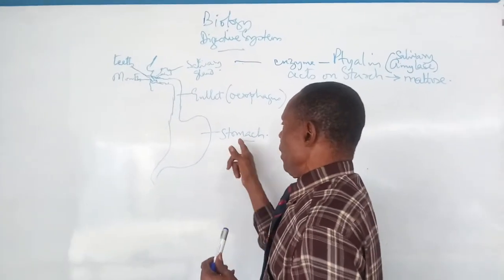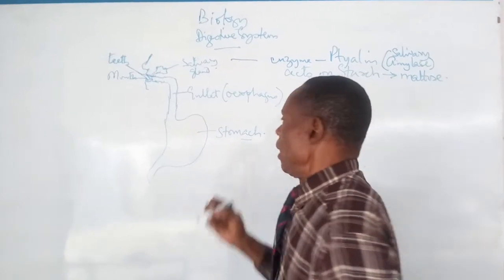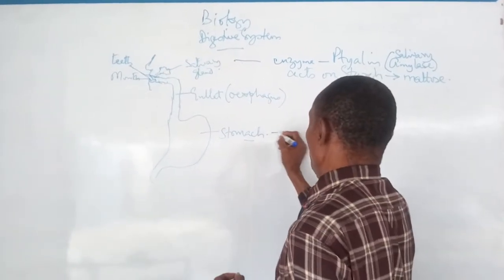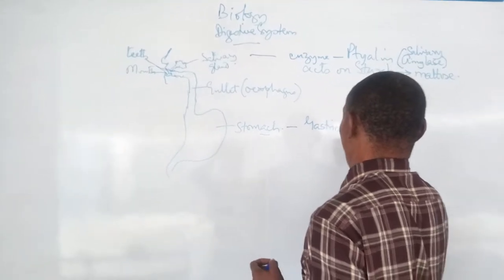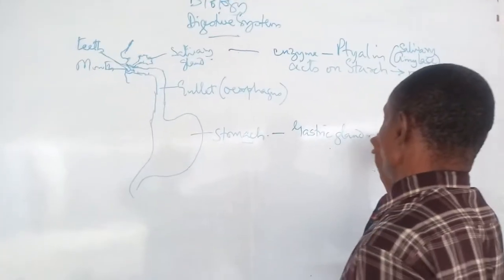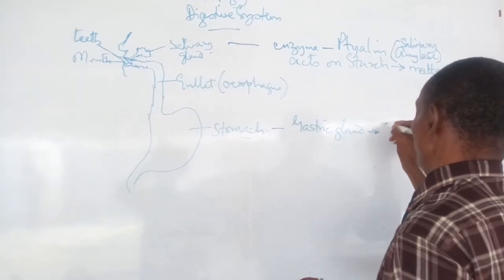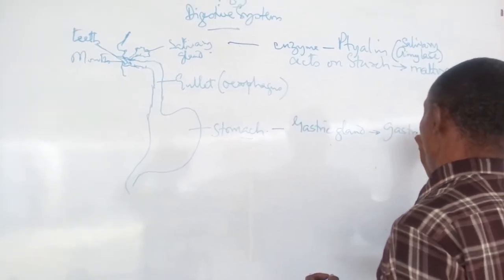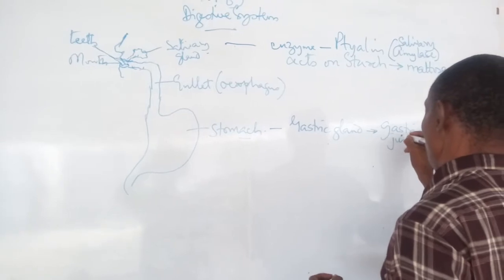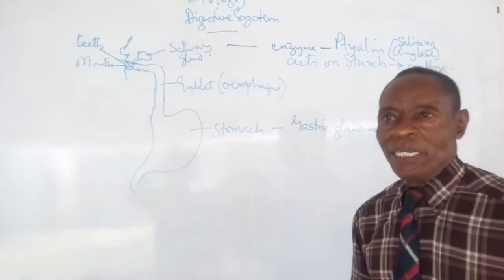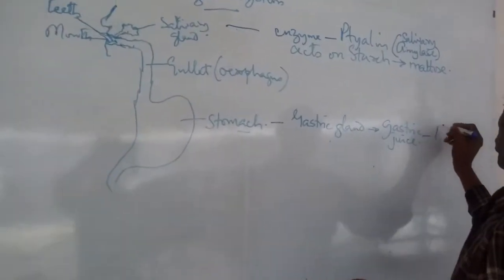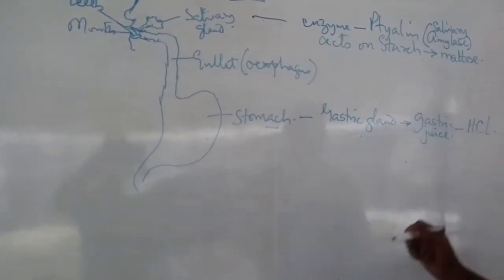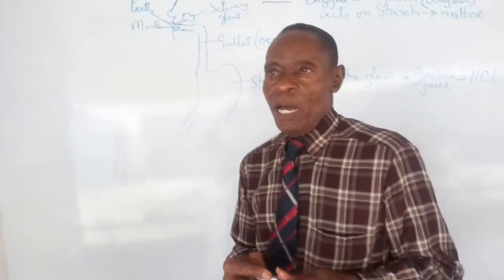The stomach has some glands, known as the gastric glands. The gastric gland secretes what is known as the gastric juice, and the gastric juice contains hydrochloric acid, HCl.